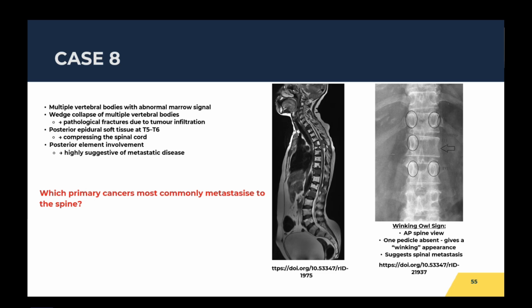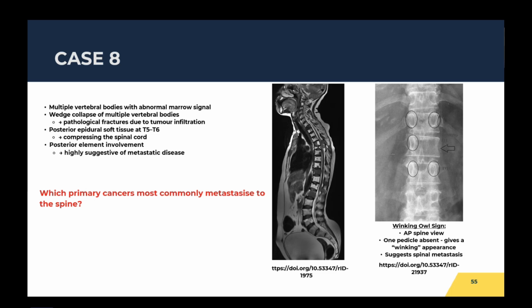If we have a look at the vertebral bodies, we can see that there are abnormal signals appearing darker in multiple levels. Urinary retention too, absolutely. So there's abnormal signal coming from the vertebral body, and this is very suggestive of malignancy of the spine. You also have wedge fractures.